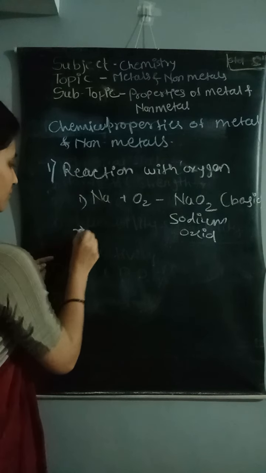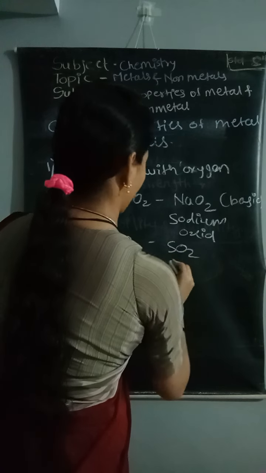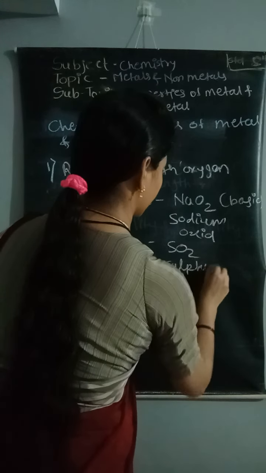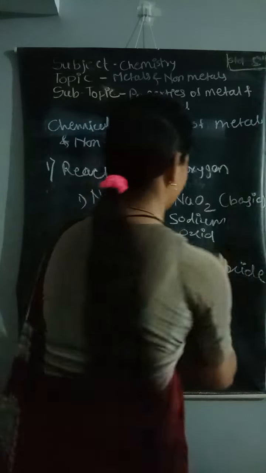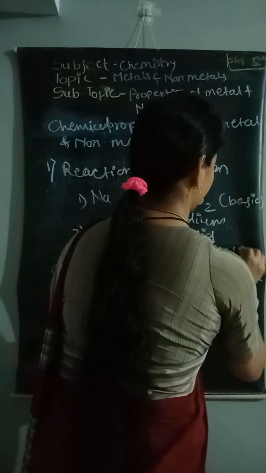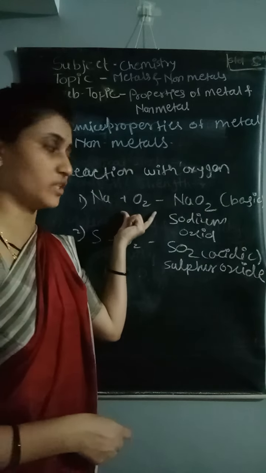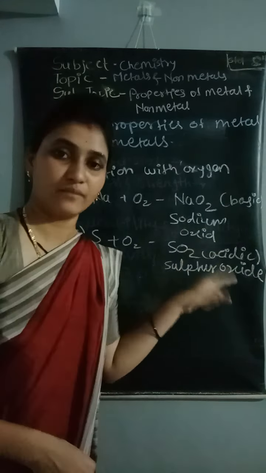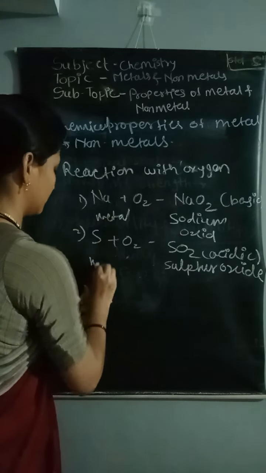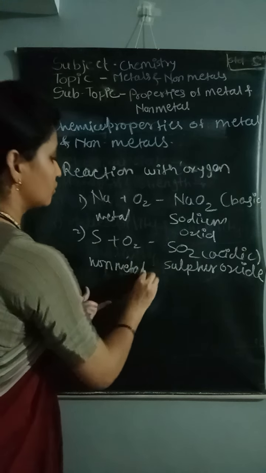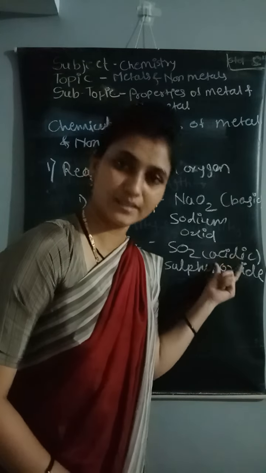Sulfur plus oxygen gives sulfur oxide, and those oxides are acidic oxides. When metals combine with oxygen, they form basic oxides, and when a non-metal combines with oxygen, it forms, for example, sulfur dioxide, which is an acidic oxide.